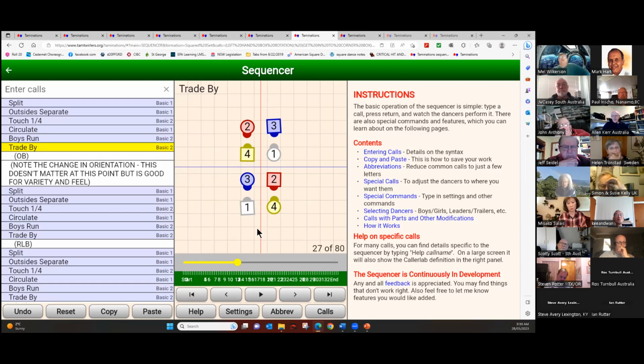Yep. And not only that, you can see 1 and 4. You can physically see more easily that if I call a pass-through trade by, that they're going to meet. That's right. And what is our chicken plucker from any of the boxes? Pass through trade by. Opposite box takes me to a partner box. No, you're absolutely correct.